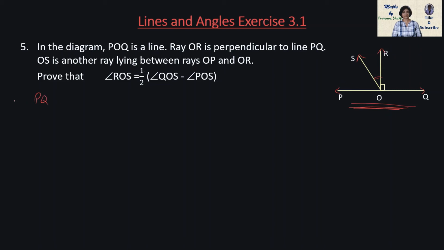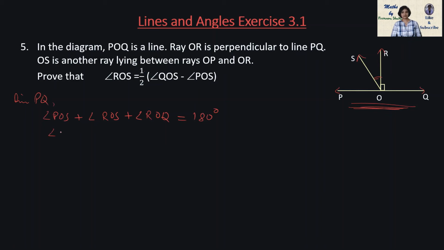We can write angle POS plus angle ROS plus angle ROQ equals 180 degrees.